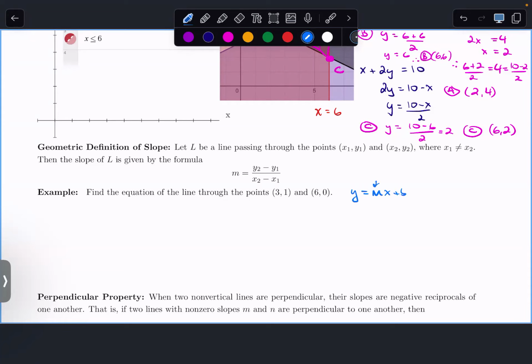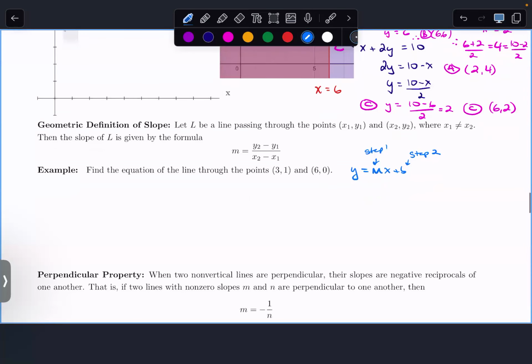So step 1 is find the slope. Once we have the slope, we also are given 2 points that have to be on this line, so you can use either one to find b. So that's step 2.